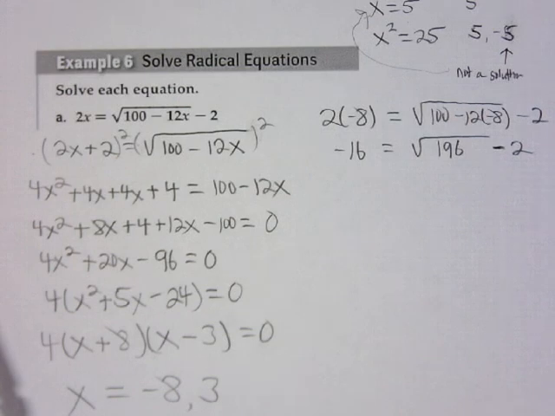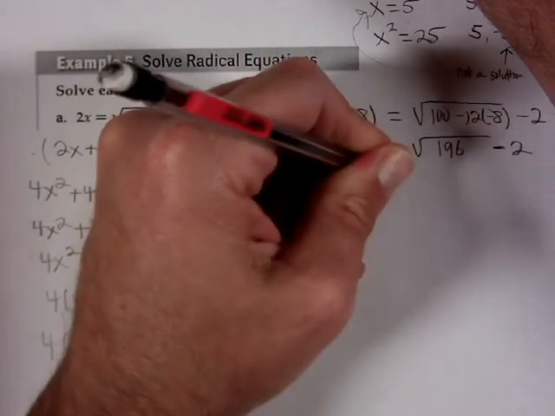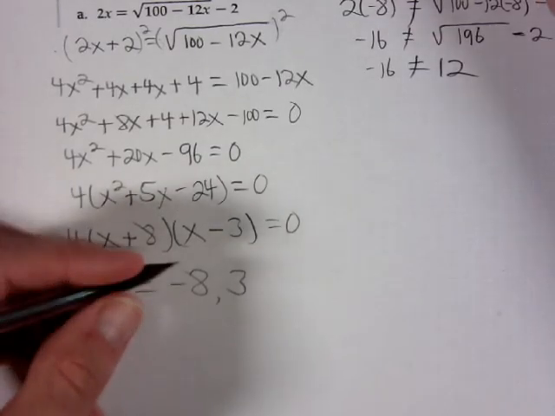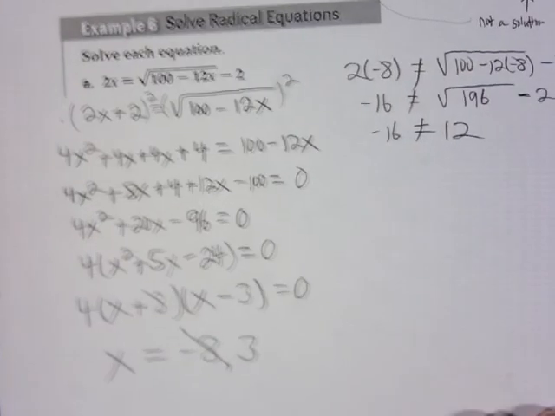Let me get my calculator out here, and I'll do 14 times 14 and see if that's true. So I got 14 times 14. It is 196. So subtract 2 from that, and that's going to leave me with 12. So negative 16 does not equal 12. And so what that tells me is that negative 8 is not a solution. So I'm going to cross that one out. Negative 8 is not a solution.